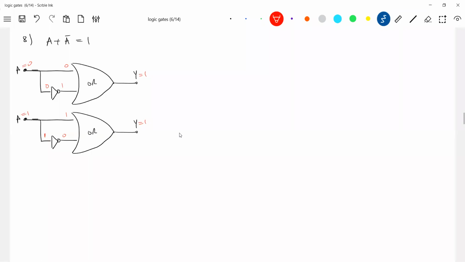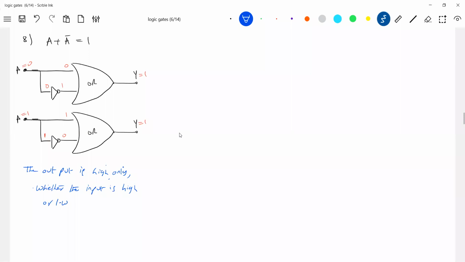The meaning of this logic is that the output is high only, whether the input is high or low.